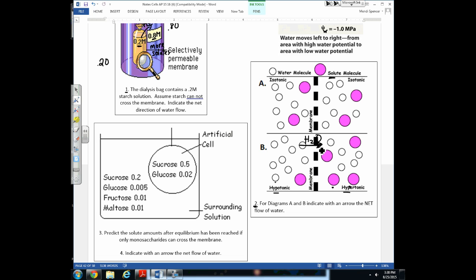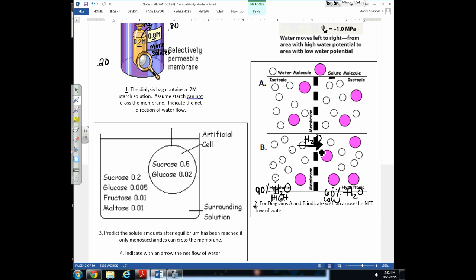If you count the water molecules, there's 1, 2, 3, 4, 5, 6, 7, 8, 9 out of 10. So this is 90% water on this side. It's about, let's call it, 60% water on this side. And so water moves from areas of high concentration of water to areas of low concentration of water. So water would be moving in that direction.